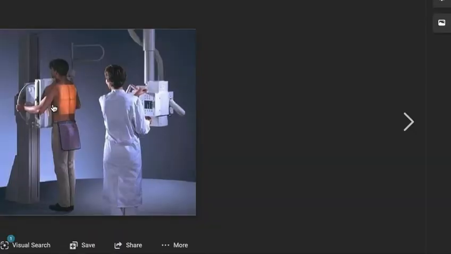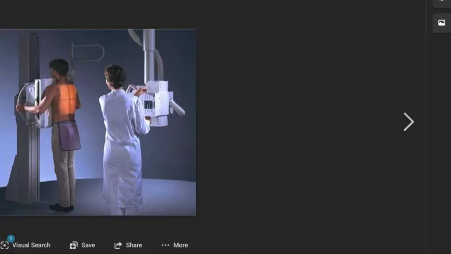You can see the film is here, and the X-rays are falling on this person from behind. This is the X-ray machine, so it is better to call it the X-ray tube, which is behind the patient, and the film is against the chest. So this is how we take the posterior anterior view or PA view. This is basically the gold standard.